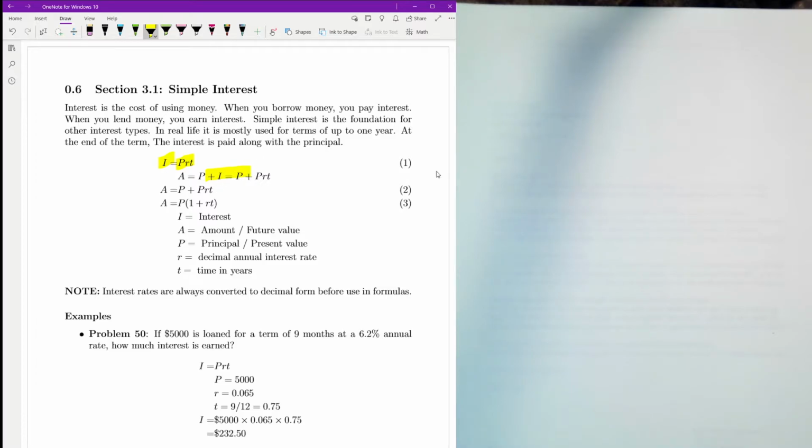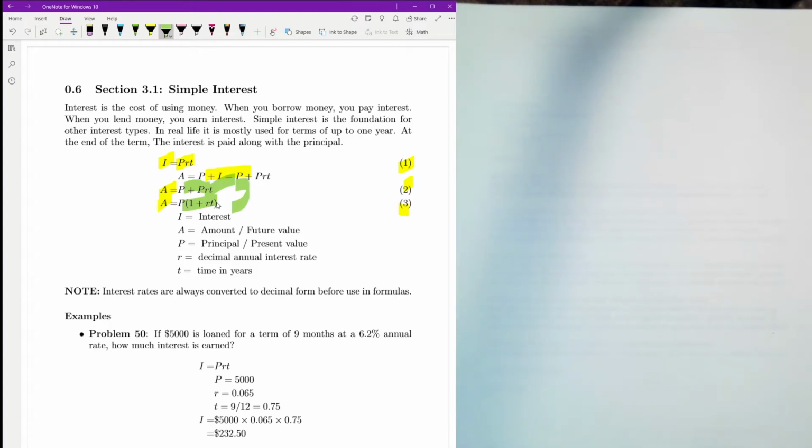We're going to be working with three formulas, and I have those numbered 1, 2, 3. So the interest, the amount or future value, and then equals the principal. These two equations are basically the same.